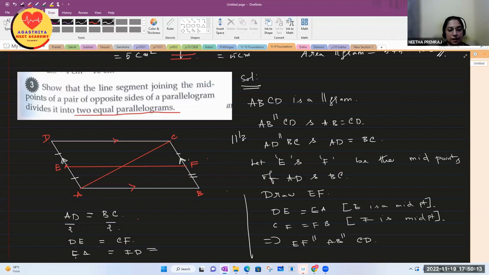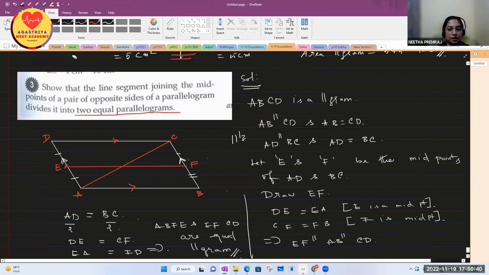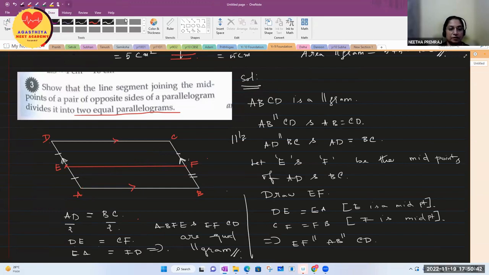So which implies ABFE and EFCD are equal parallelograms. That's it. You can write this way. Make a note of it. Guys, can you understand? There is no need of drawing this diagonal. Okay, I don't want to confuse you much. You leave it. Make a note of it.